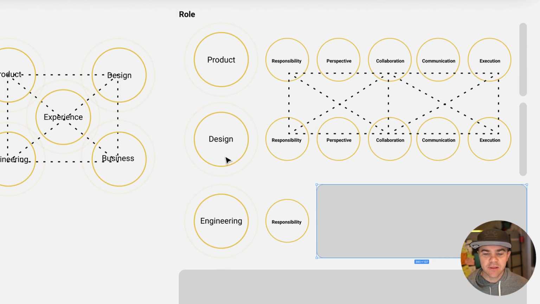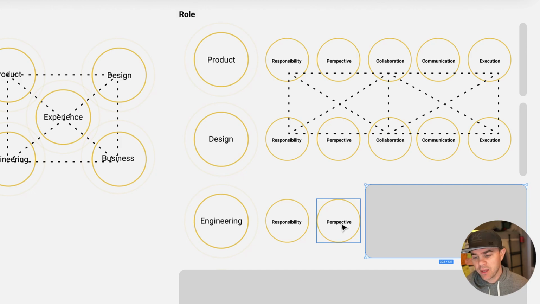So having the ability for these three disciplines to have shared responsibilities but also their own responsibilities gives them the needs that they have. And then the perspective, you need the engineering perspective, because they could also say, like, oh, if we do this change, it could save us 3 to 4 weeks of engineering costs. That's really important, because that could be 10s, 20s, and 30s. That could be $100,000 depending on the size of your team.